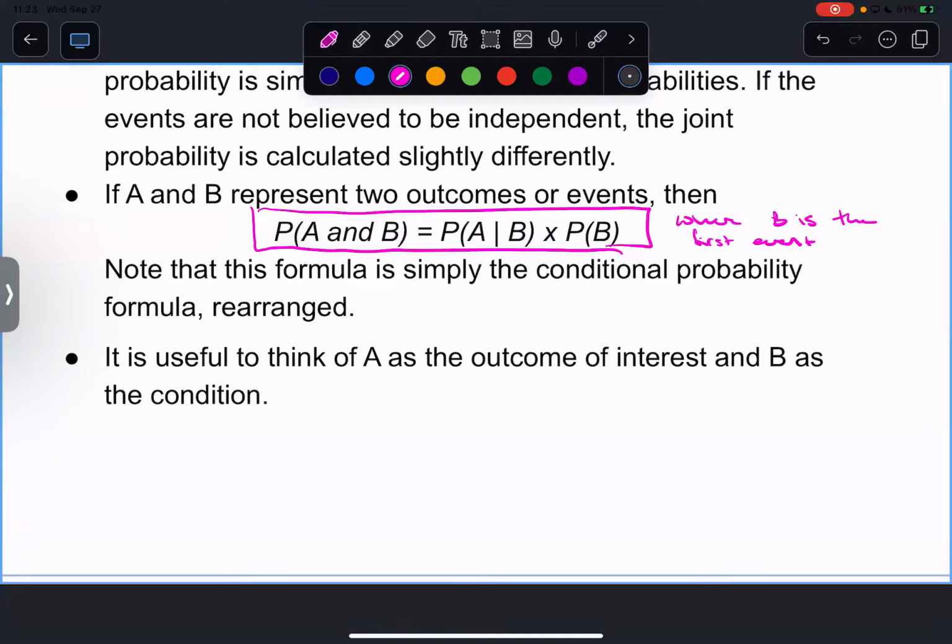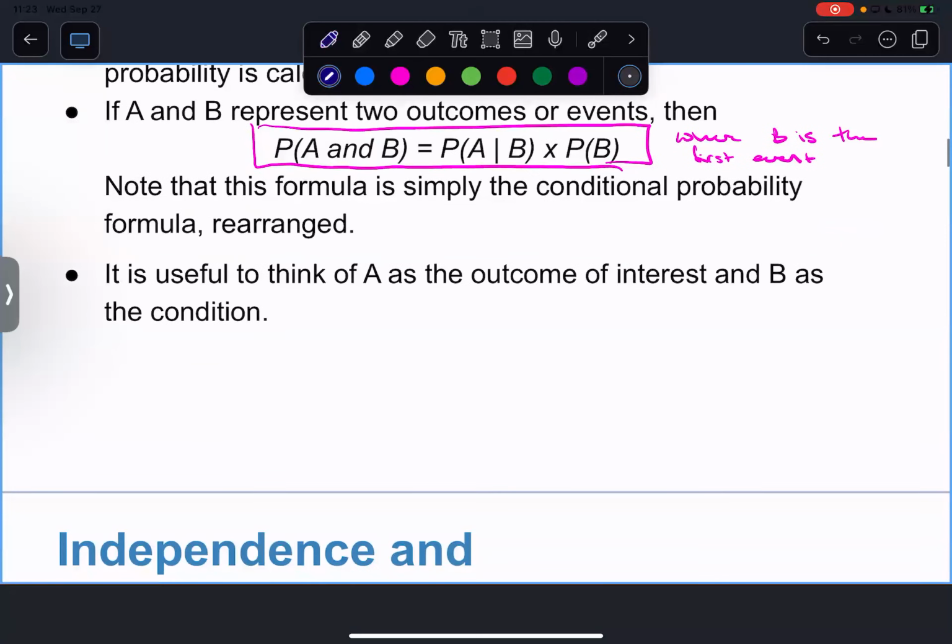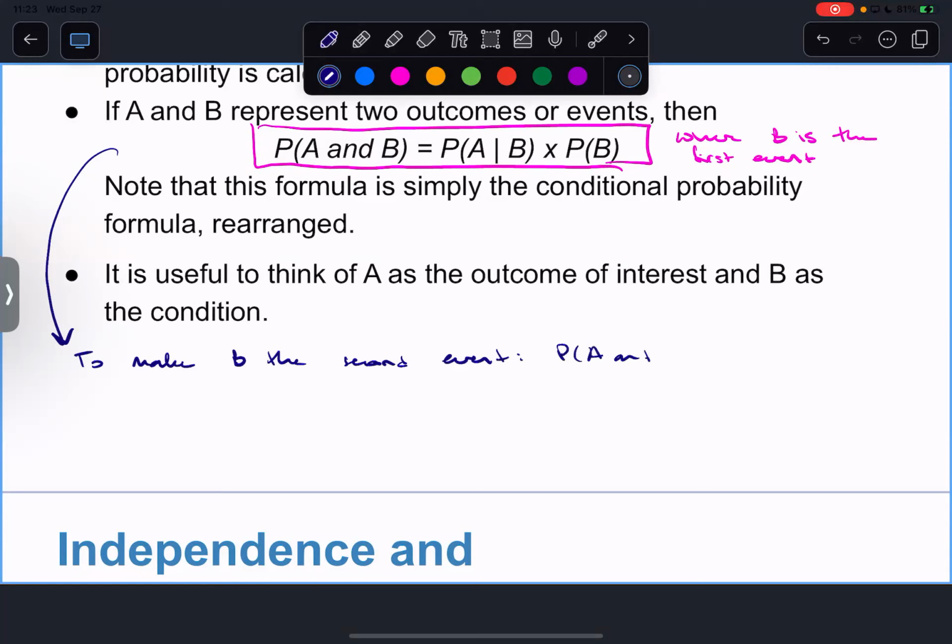If you want B to be the second event, how would you have to rearrange the formula? To make B the second event, the probability of A and B is the same as B and A. Okay, so that part's fine.